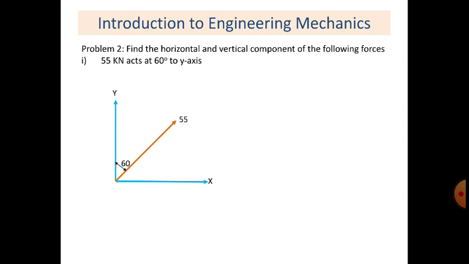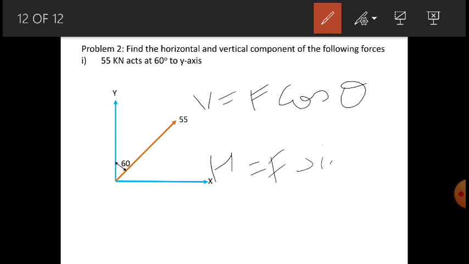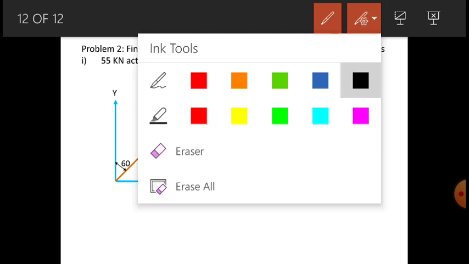So what will happen here? Your V will be F cos theta, and your H will be F sin theta. This is the difference.